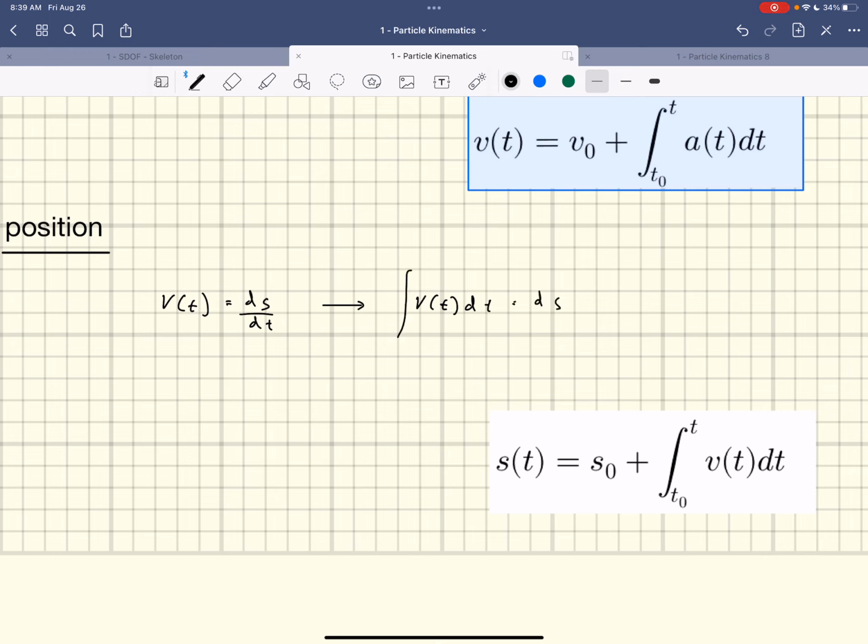I integrate that from t naught to t, and this one from s naught to s. Again, I can't integrate the left-hand side, but I can integrate the right-hand side. That just becomes s minus s naught. And then you solve for that s. You put the s naught on the other side, and what it gives you is this. And this is what you should remember from physics.